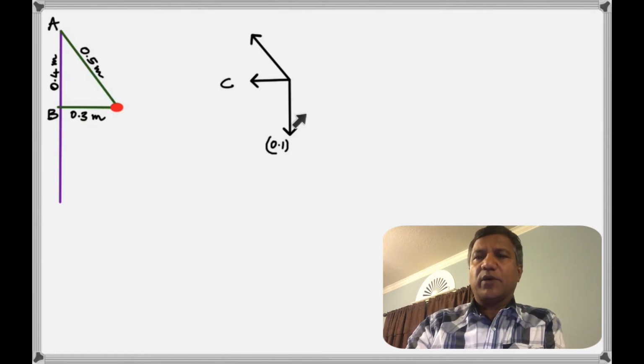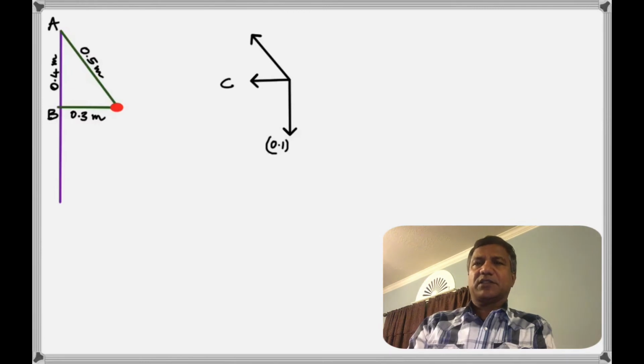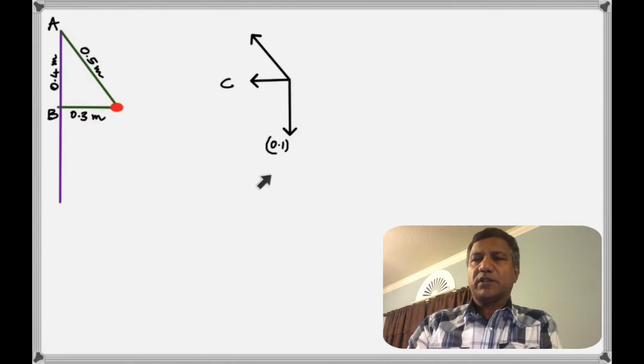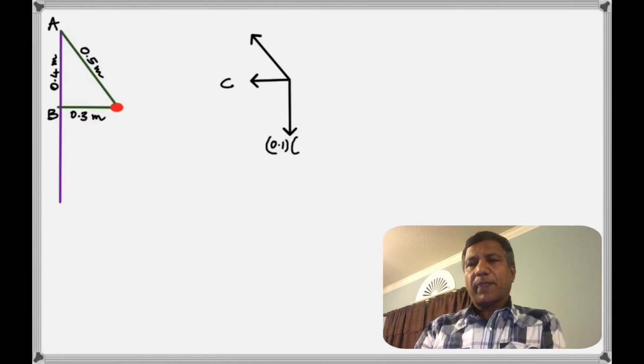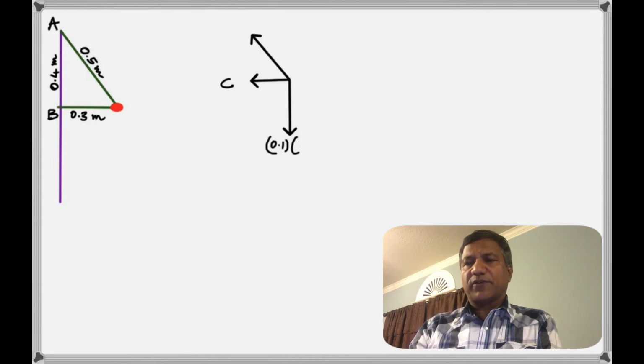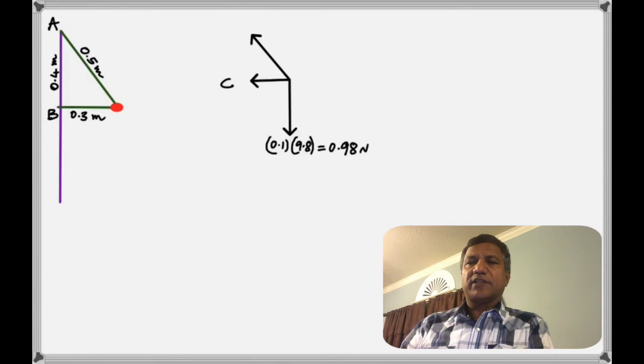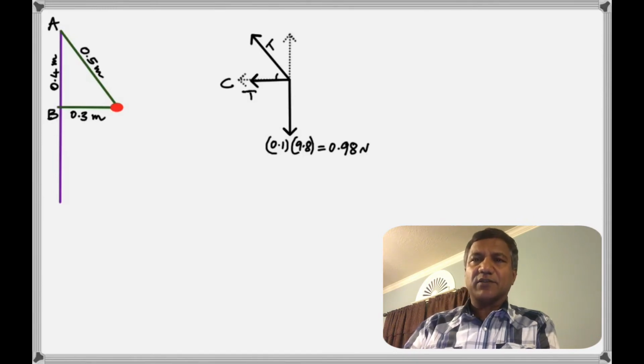And this is the weight of the bead, mg, which is 0.1 times 9.8, because it's 100 grams. That is the weight, which is 0.98 newtons.